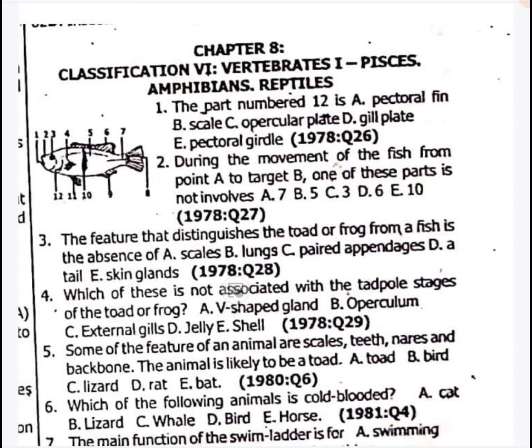Number 4, it develops a mouth part with horny jaw, while having a long coiled intestine. This intestine is due to its herbivorous mode of nutrition, so it eats grass or weed.